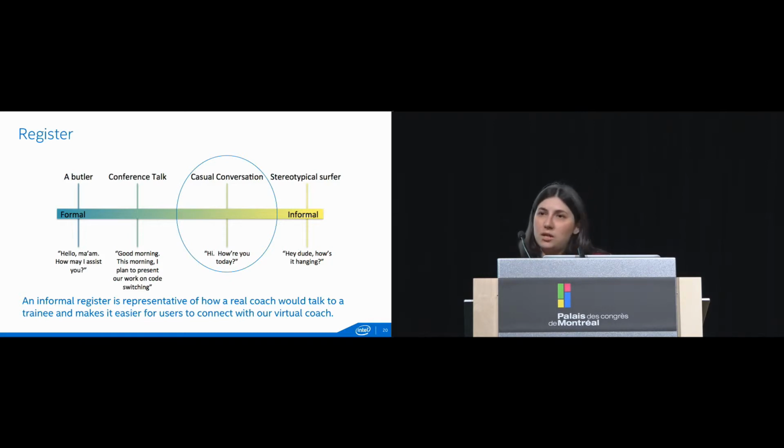And the reason that we chose casual conversation was specifically because we wanted it to be representative of how a real coach would talk to a trainee, and to make it easier for the user to actually connect with the agent. Kind of like a running buddy or a cycling buddy. In terms of differences, there were a lot of differences that we looked at.